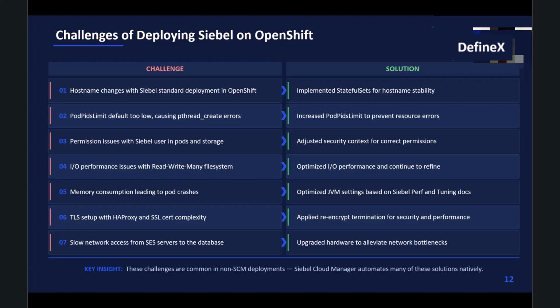I would also like to reiterate that most of these issues are being addressed with Siebel Cloud Manager, but for our project, we didn't go live with the SCM installed version of the software, since the project timeline did not let us collaborate with Oracle and test everything for production readiness.